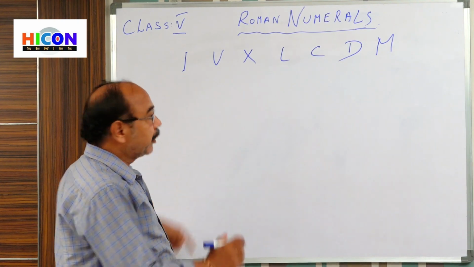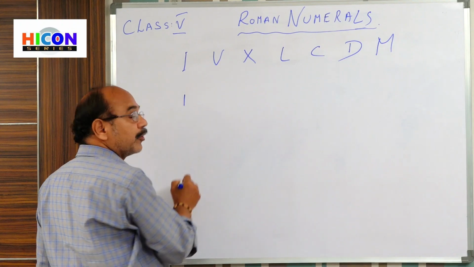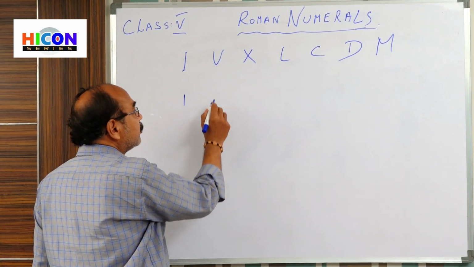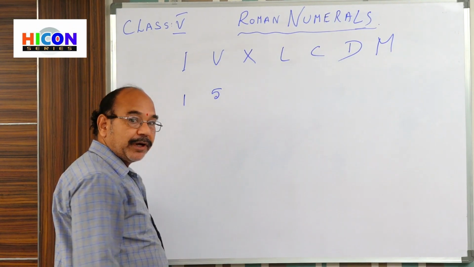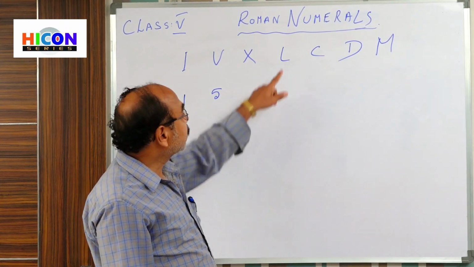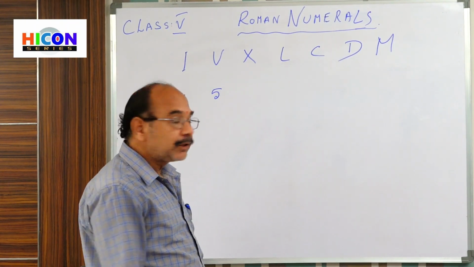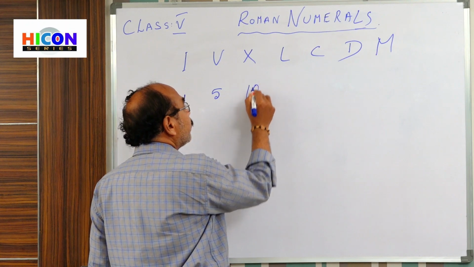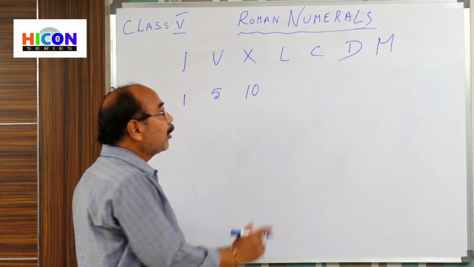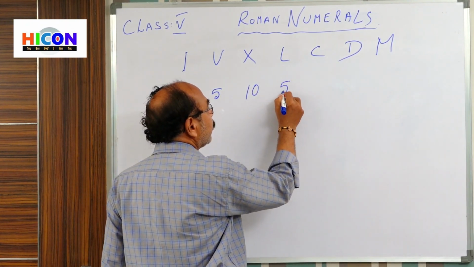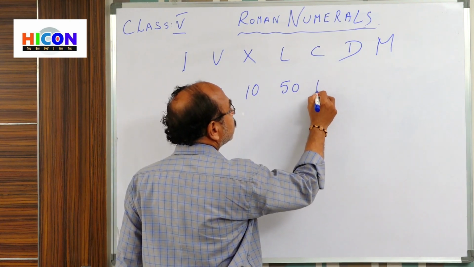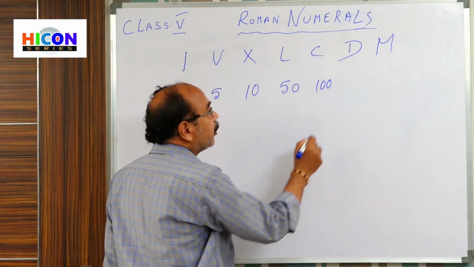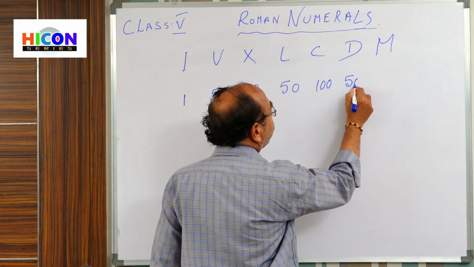I for what? 1. V means 5. V represents 5. Next, X. X represents 10. And L represents 50. C represents 100. D represents 500.